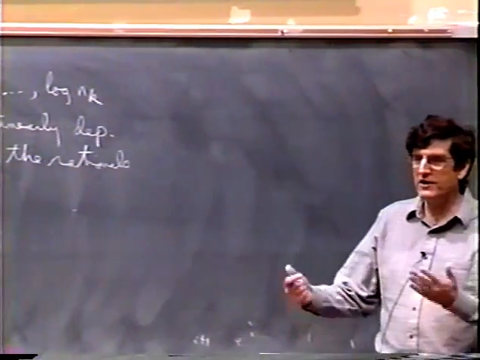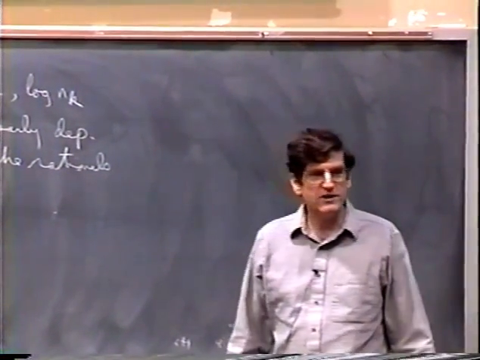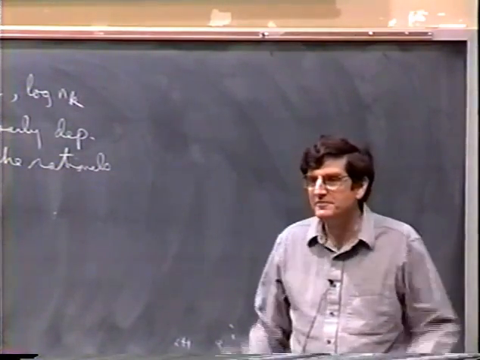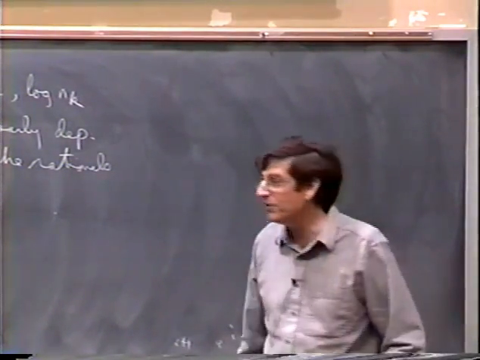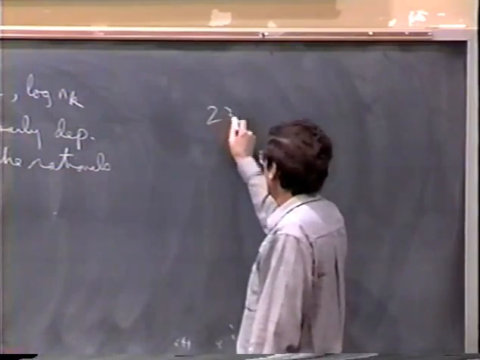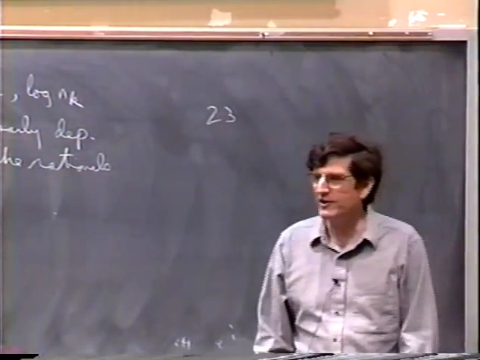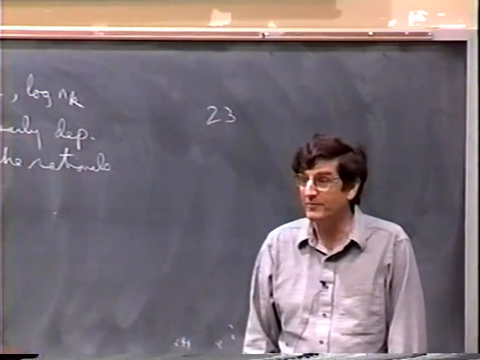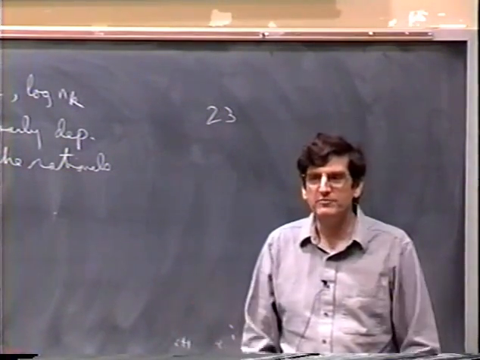Would somebody like to give me a random integer between 1 and 100? 23. Okay, that is not multiplicatively dependent as a singleton. It's not the zero vector. The log of it isn't 0. Okay? Someone else give me another number.